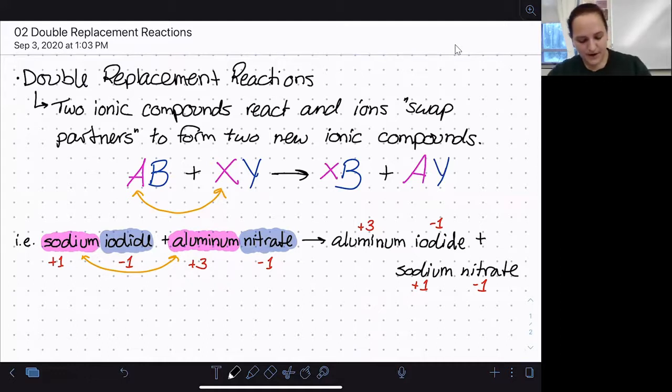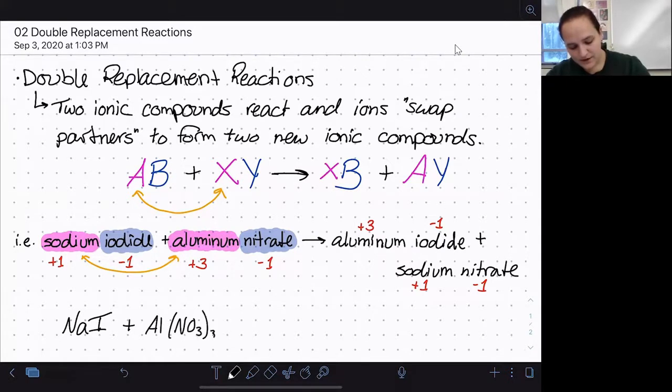So for sodium iodide, we have a +1 and a -1, so a 1-to-1 ratio works great. So NaI is our formula for sodium iodide. Now for aluminum nitrate, we have a +3 and a -1. So in order for that to work out to a neutral charge overall, we are going to need 3 nitrate ions for every 1 aluminum.